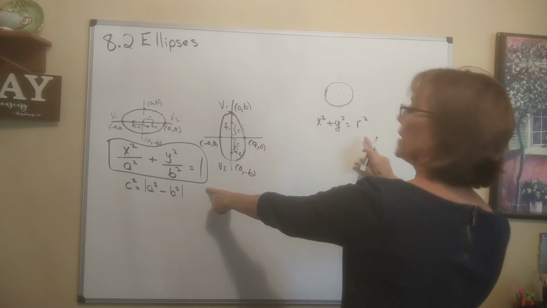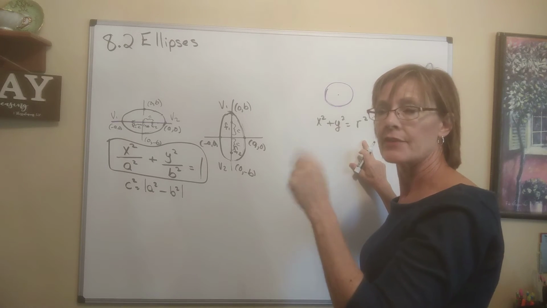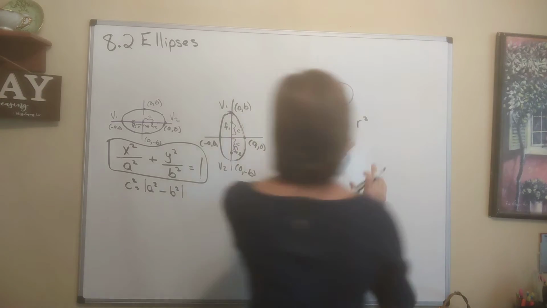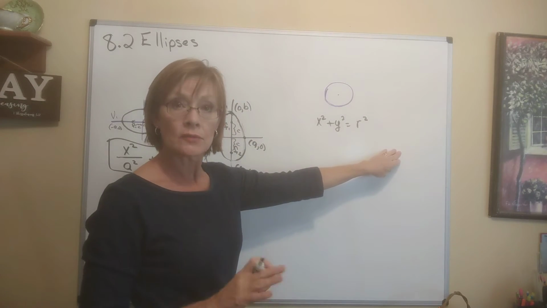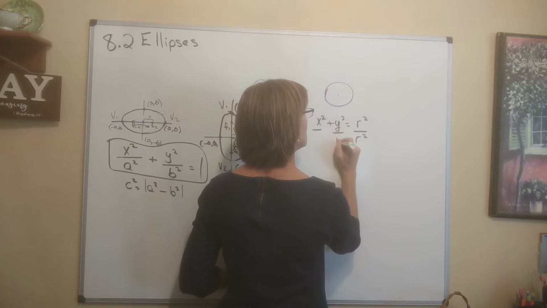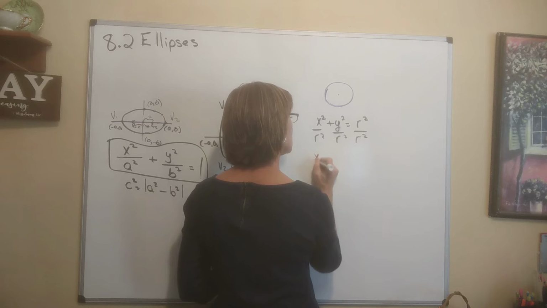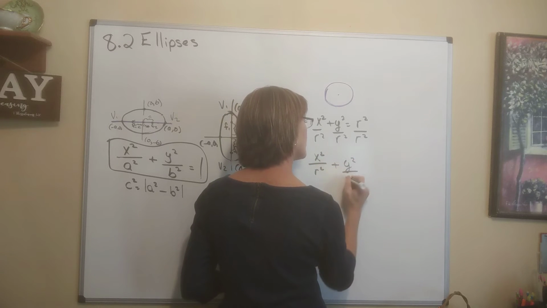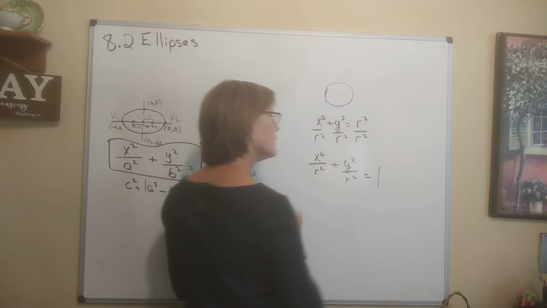There's a 1 over here, and there's an r squared over here. That's different. So can we make these look alike? We certainly can, by dividing both sides of this equation by the radius squared. If we did that, we would get x squared over r squared plus y squared over r squared is equal to 1.